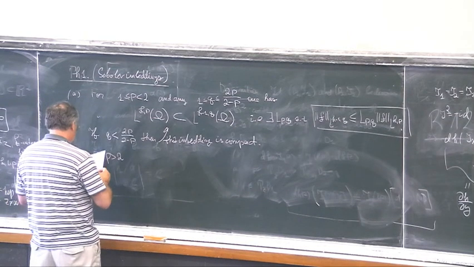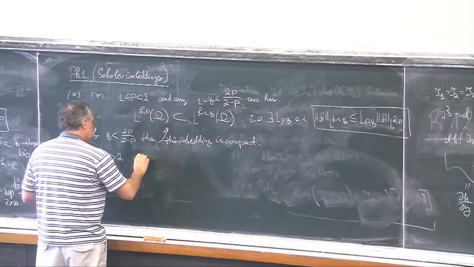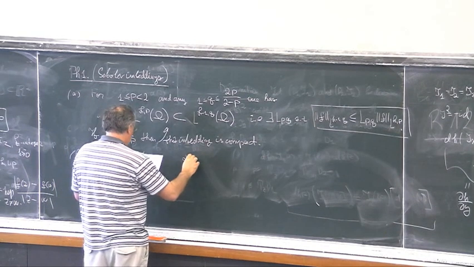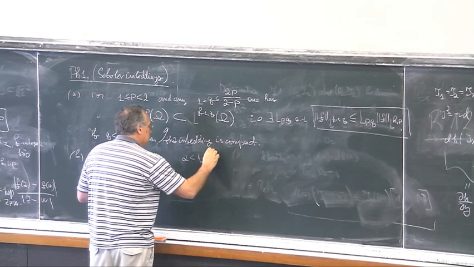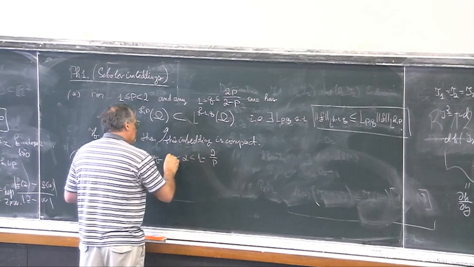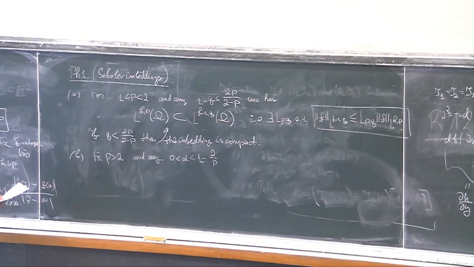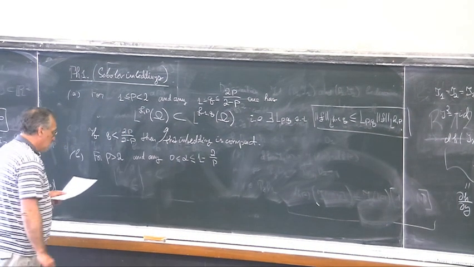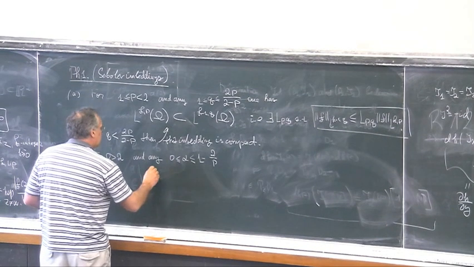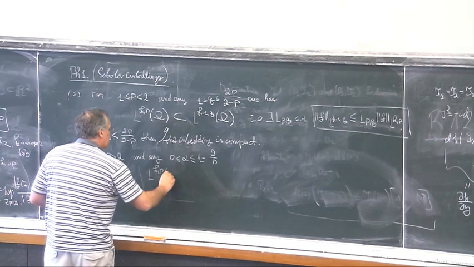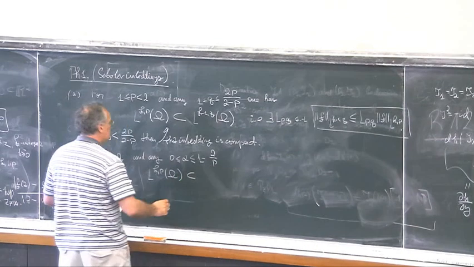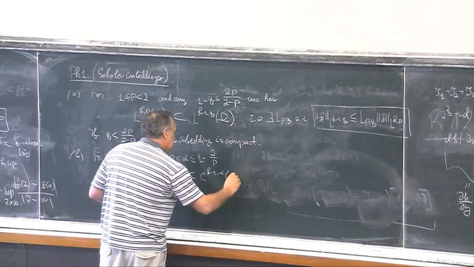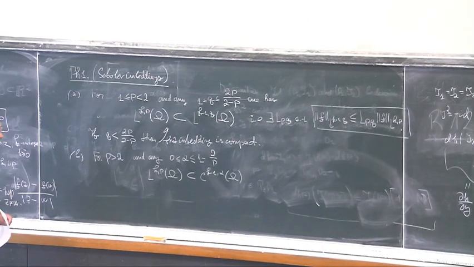For p bigger than 2 and any alpha less than 1 minus 2 over p, we have the following embedding: L^k_p of Omega embeds into C^(k minus 1, alpha) of Omega.